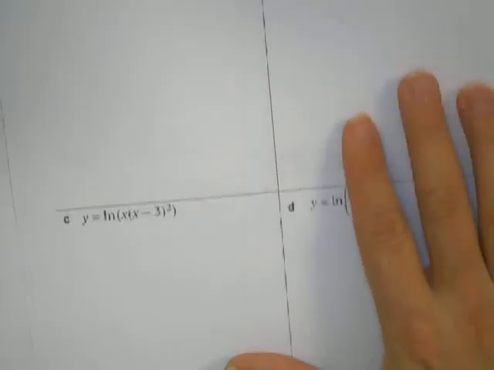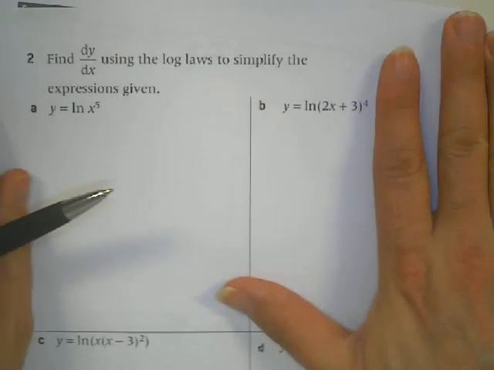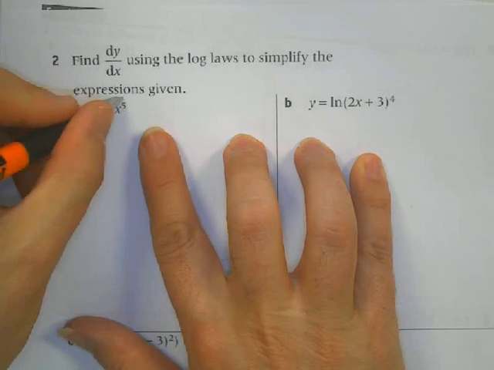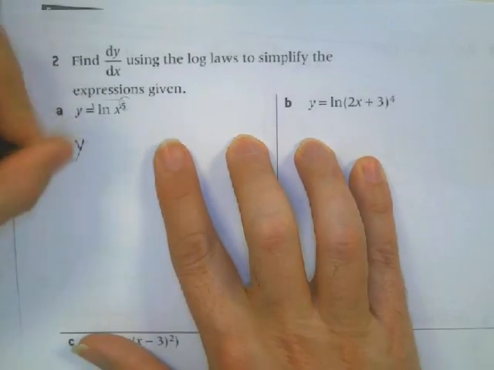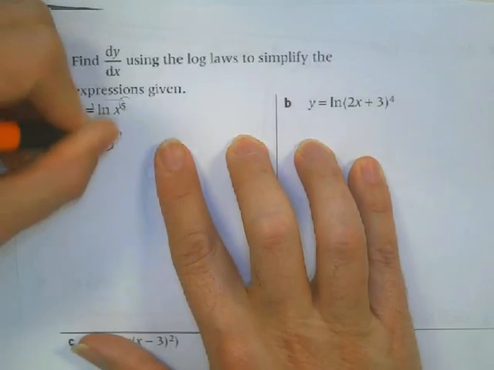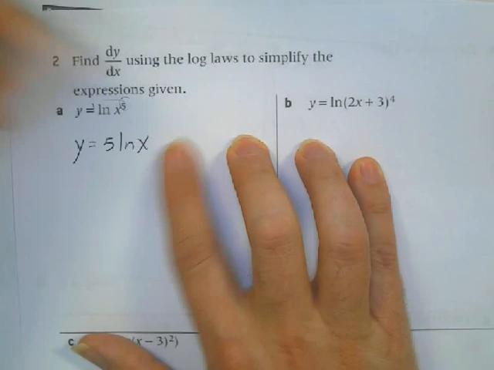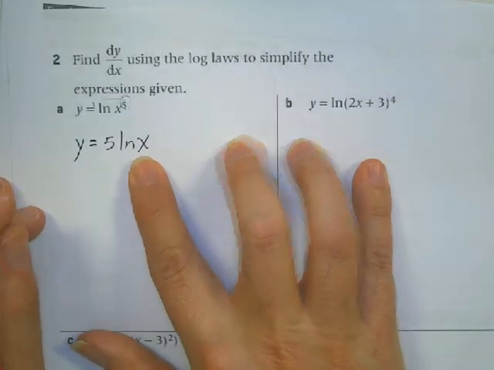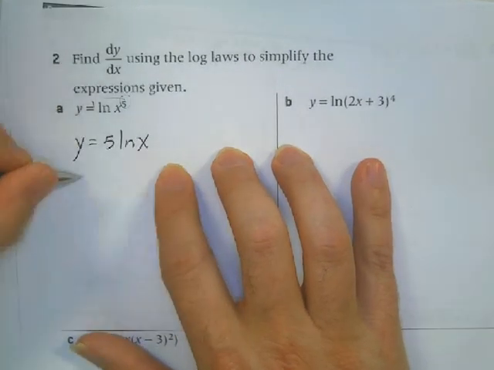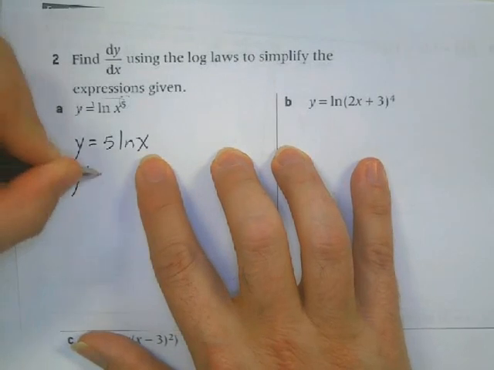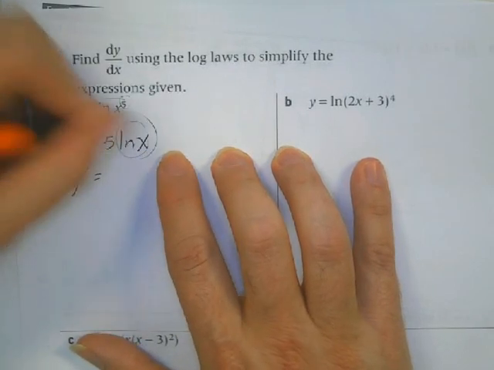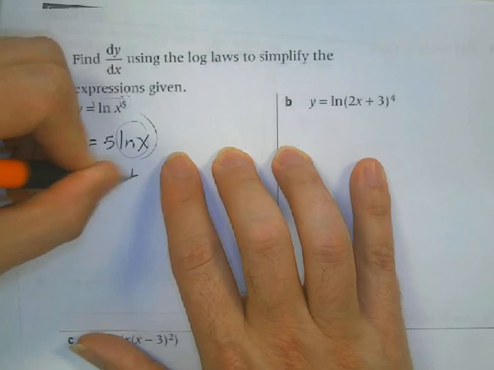Okay, so using the log rules, I can use the power of log. I can bring this to the front, and I can write this as y equals 5 natural log of x. This is called the power rule for logs. And then we know the derivative of this is equal to 1 over x.